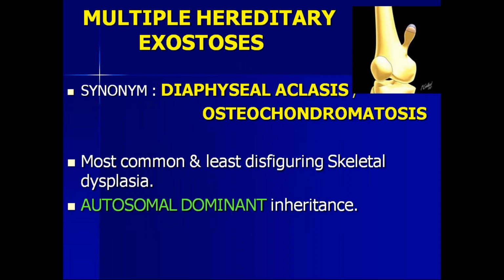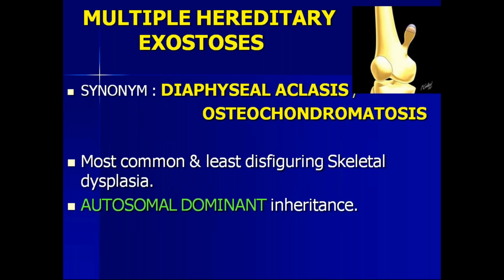Next, coming to multiple hereditary exostosis. Okay. So these are nothing but osteochondromas. Osteochondromas are cartilaginous outgrowths coming from the physeal region or metaphyseal region. They are the most common and least disfiguring skeletal dysplasia.